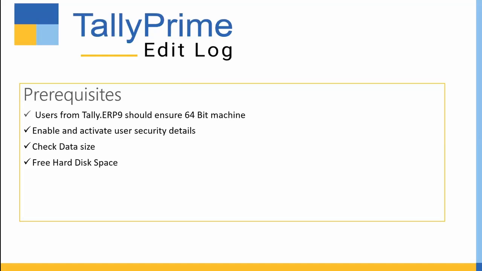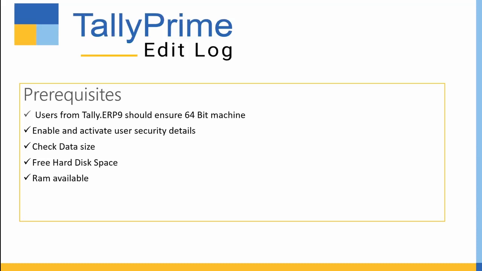Yesterday, when we were discussing with one customer, their free space for the TallyPrime data was very minimal. So we suggested that they first free up disk space, add an additional SSD hard disk or something, and then migrate to TallyPrime, because otherwise they will find difficulty in regular operation.